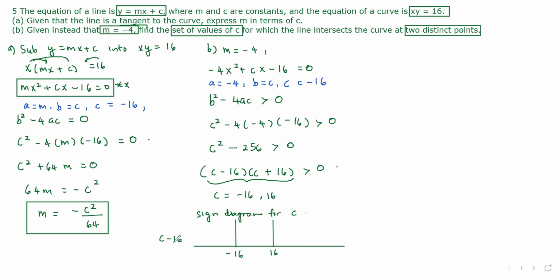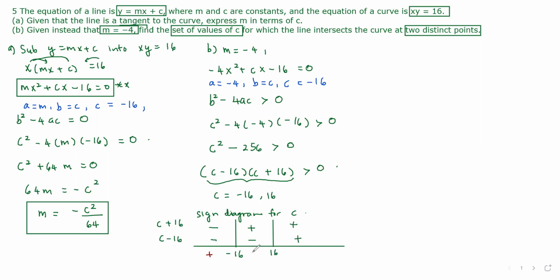This is positive for values of c greater than 16, so it is positive on this interval and negative elsewhere. For the factor c plus 16, it is positive when c is greater than negative 16 and negative elsewhere. Now let's look at the product of signs.